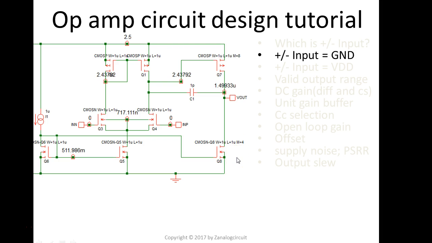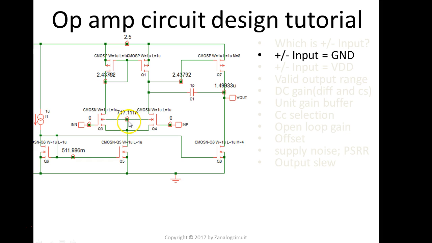The second one is, what if we bias both inputs at the ground? As you can see, I used SPICE and back annotated the voltage onto the pin. These two pins are right now grounded. What's going to happen? Apparently, Q4 and Q3 are going to be off, right?